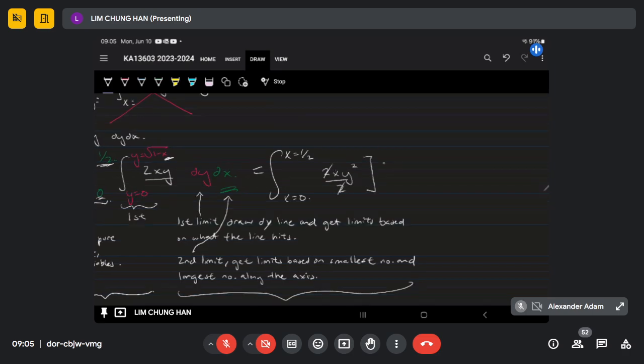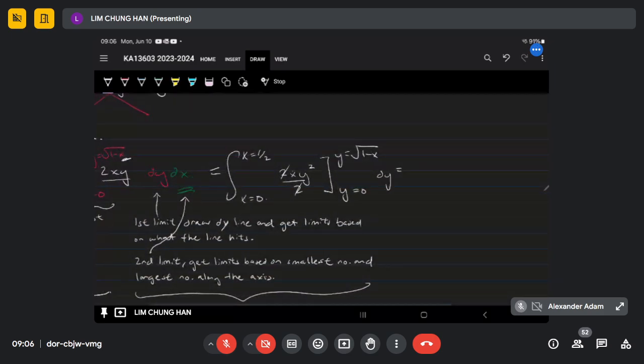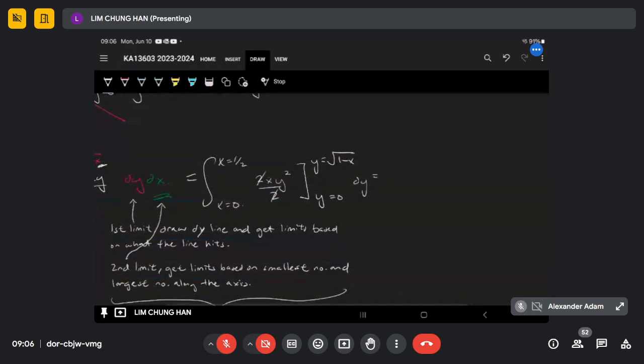And then the limit is this and this. So then you put your thing in. So x is constant.